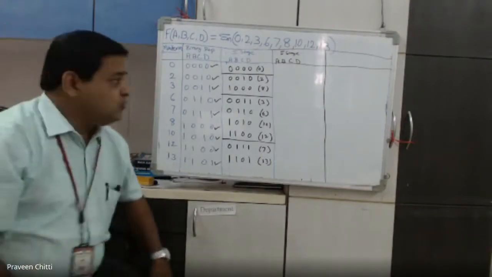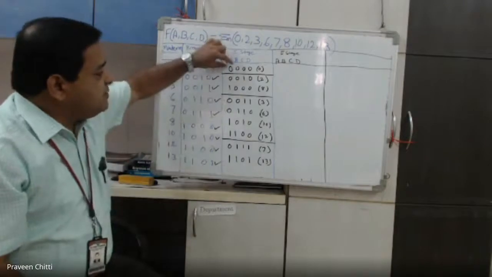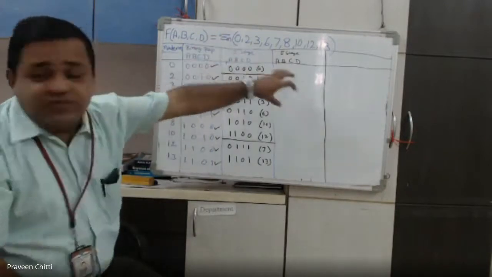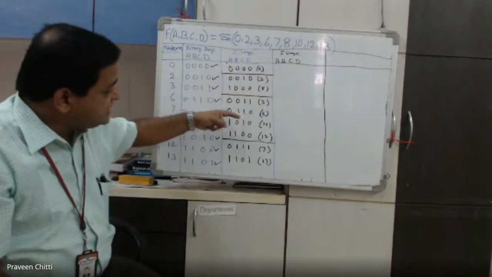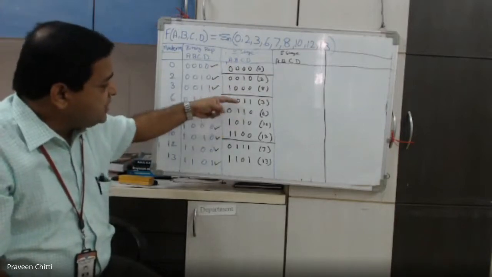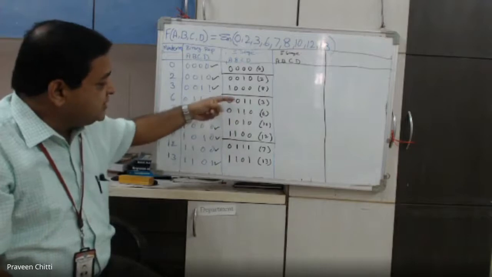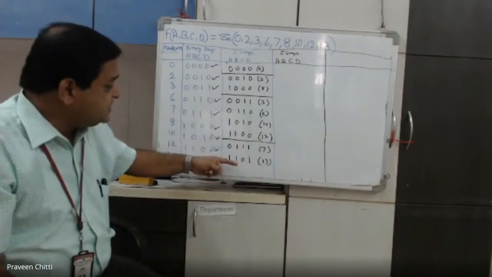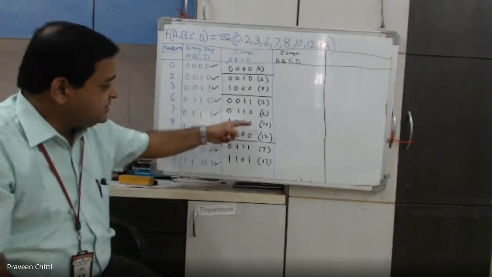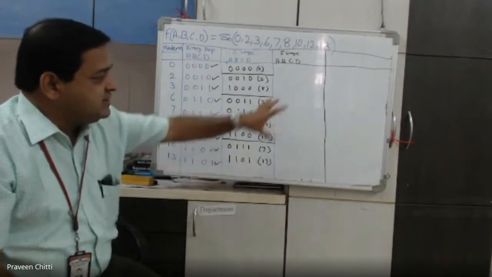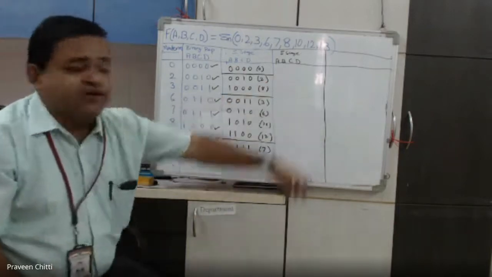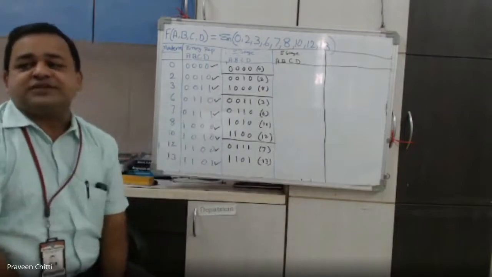What we need to do is compare 0 with 2 and 8 and check whether grouping is possible or not. Then 2 should be compared with 3, 6, 10, 12. 8 should be compared with 3, 6, 10, 12. Then 3 should be compared with 7 and 13. 6 should be compared with 7, 13. 10 should be compared with 7, 13. And accordingly, you should check whether new groups are possible or not.